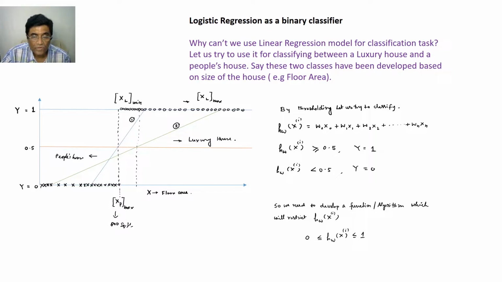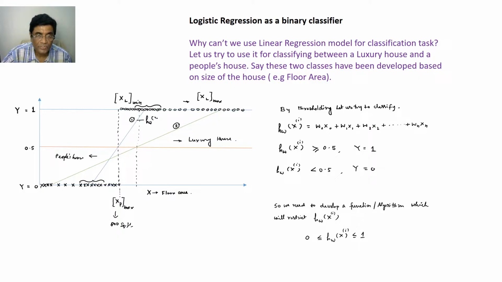I have data only about the floor area. Say you have collected this data from the people's house class, and this data from the luxury house class, and then this is the regression line which you have fitted using the same hypothesis, w0 x0 plus w1 x1, like that.